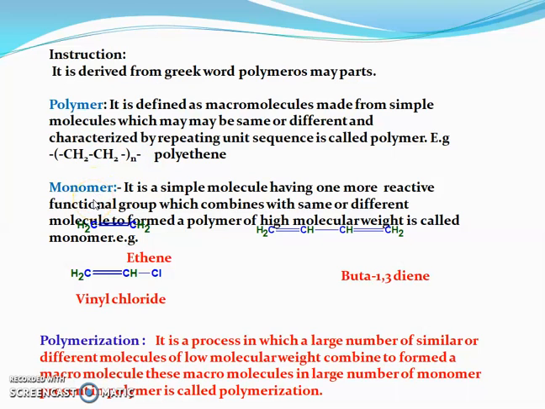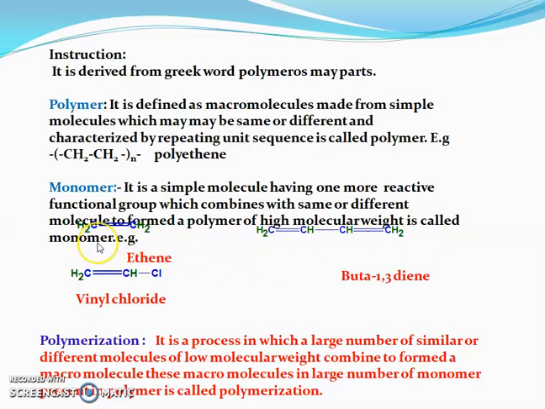Another definition we have is the monomer. A monomer is a simple molecule having one or more reactive functional groups. They can combine with the same or different molecules and form polymers of high molecular weight.